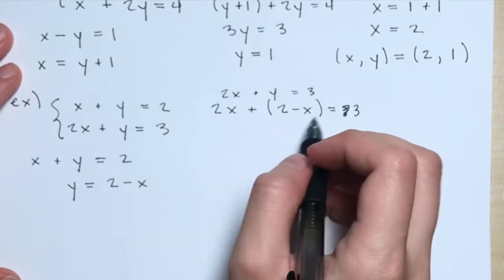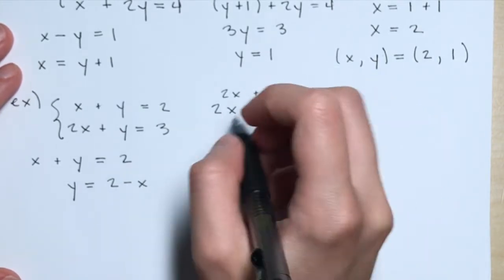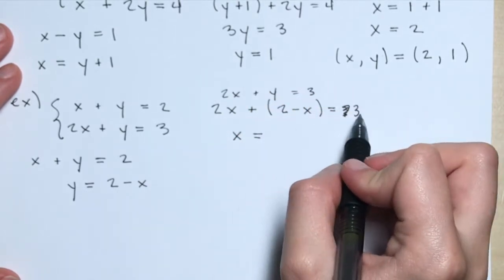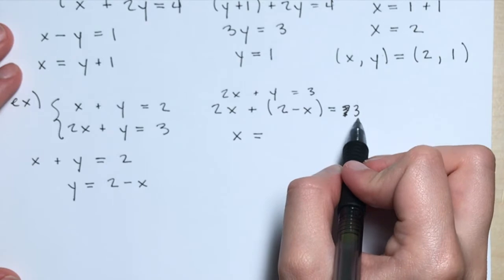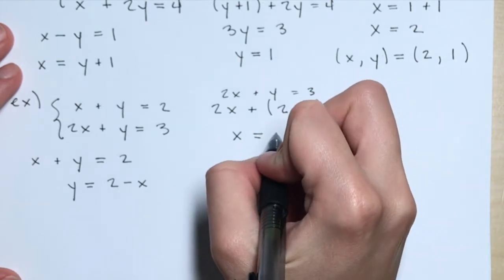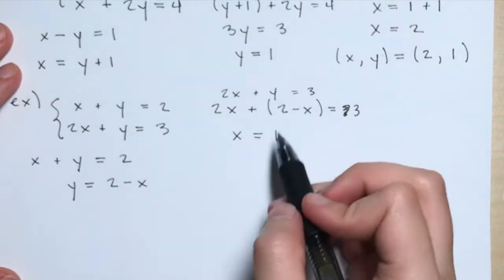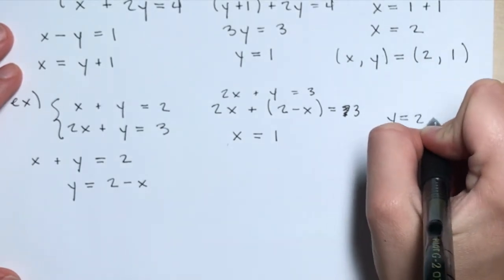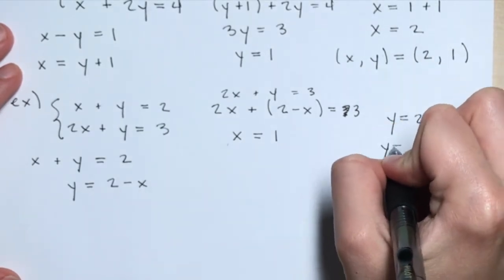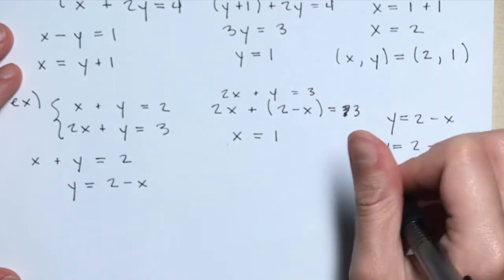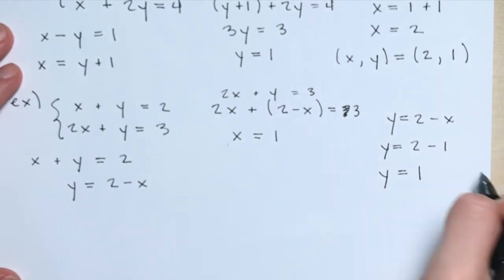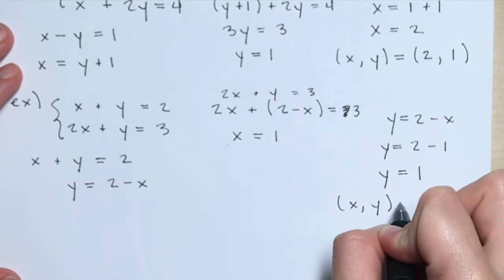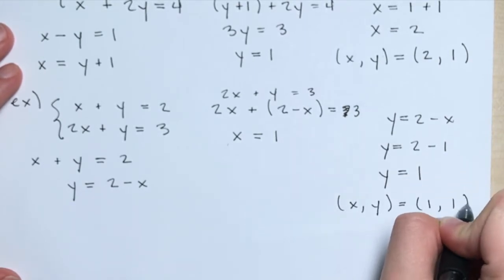We combine like terms. So we have 2x minus x, that gives me just x. And then this 2 over here, we want to bring that 2 over, so we end up with 1. And I can plug this 1 right back into y equals 2 minus x, and I end up with 2 minus 1. So y equals 1. My final answer being (x, y) equals (1, 1).